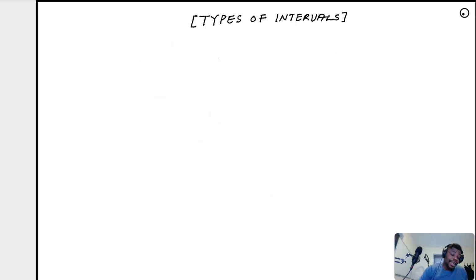So now let's take types of intervals. In inequality, we have two types of intervals. The first one that we have is the infinite intervals.